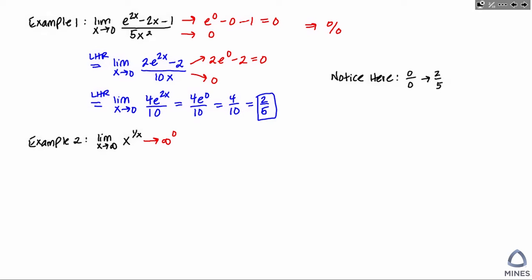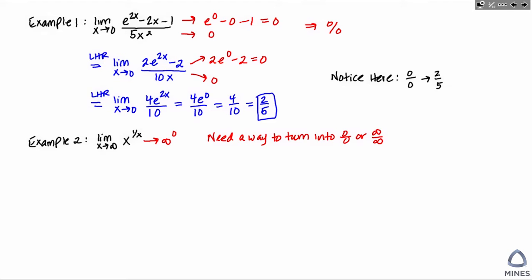This is an indeterminate form, and you can think that we have a base that is growing and an exponent that is shrinking, and those two things are in conflict with one another. Without more information, we cannot tell what happens. So we need a way to turn this into one of our basic indeterminate forms, either 0 over 0 or infinity over infinity. And the secret will be to use the natural log function.